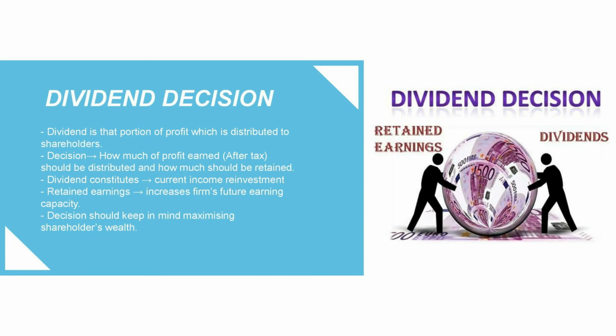If the firm pays the dividend, it also constitutes current income which the shareholders will probably be reinvesting. And if it is retained earnings, then the firm's future earning capacity will be increased. So it has to be a very wisely calculated decision by the management of any business organization.